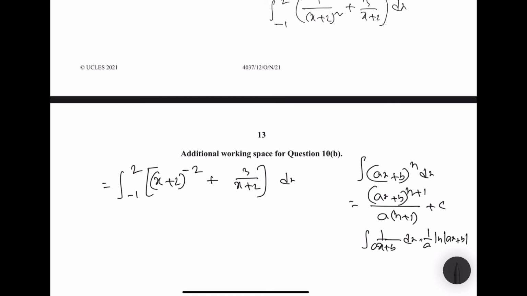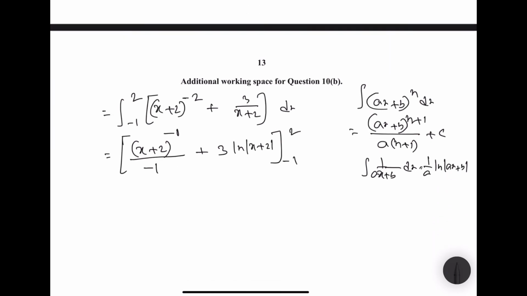Now let me use that formula here. This is x plus 2, the x coefficient is 1, so it's not necessary to worry about a. This is minus 2 plus 1, and then 3 ln(x plus 2). We don't need to write c since the limit is given. This is a definite integration, minus 1 to 2.